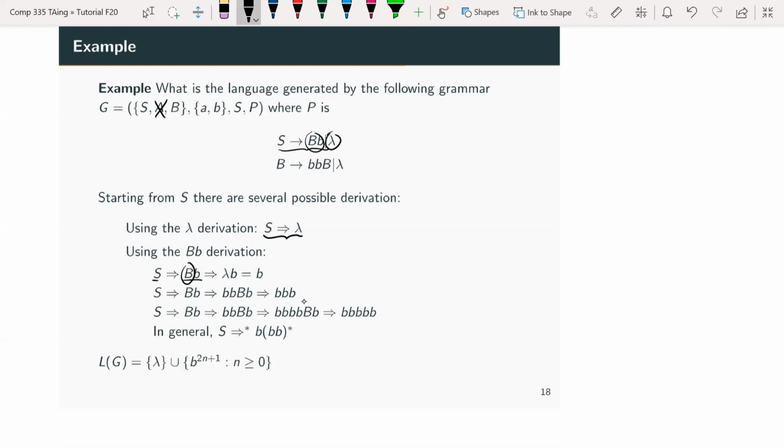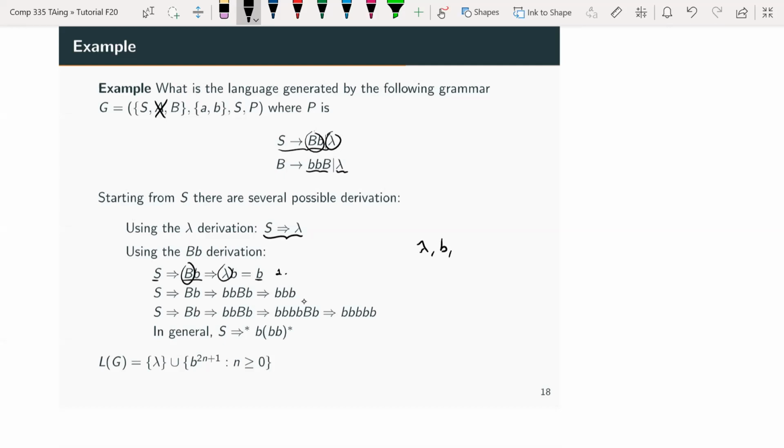Either you can replace it with two symbols, b and then the variable B, or with a lambda. In the first case, if I replace capital B with lambda, then I get lambda b, which is just b, right? So far the strings that are generated by G are lambda and b.